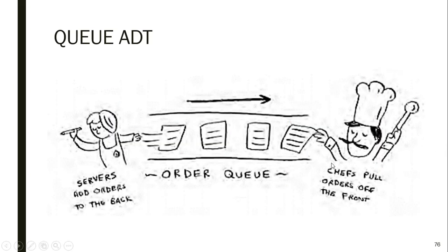Similarly, when a waiter takes orders in a hotel or restaurant and gives them to the chef, there is in fact a queue. The order that has been placed first will be cooked and served first. So that is general ethics.